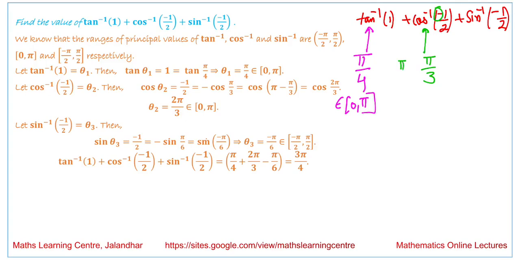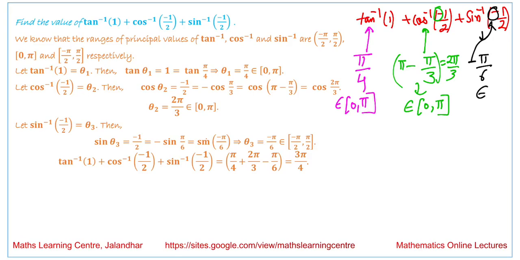So we are saying it is pi minus pi by 3, that is equal to 2 pi by 3, and this value belongs to the interval 0 to pi. Third case, we are saying sine should be minus 1 by 2, and sine is 1 by 2 for the angle pi by 6. The value we require is negative. So it is minus pi by 6, and this minus pi by 6 belongs to the interval minus pi by 2 to pi by 2.